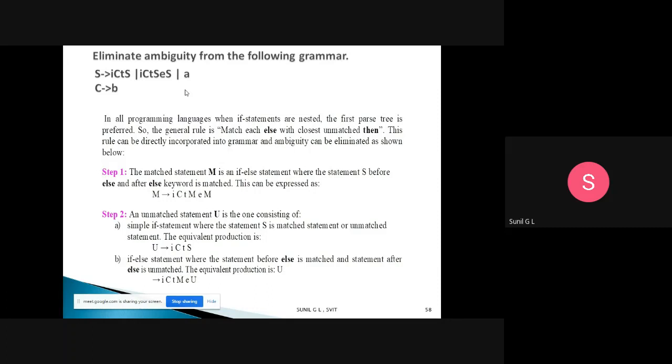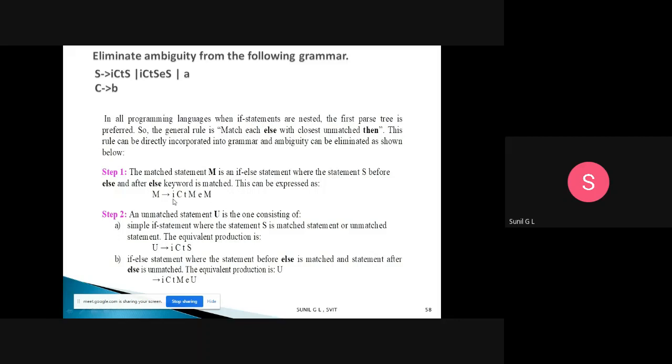For that, we replace this S with M, the matched statement. So M tends to iCtMeM, that is, if condition is true, then matched statement, else another matched statement.